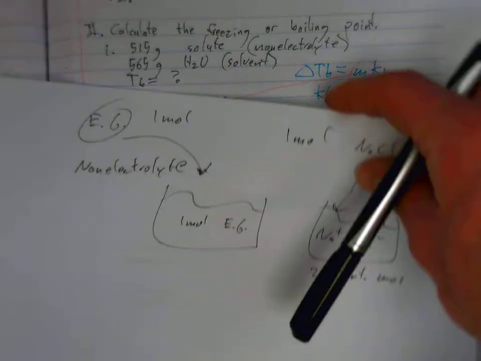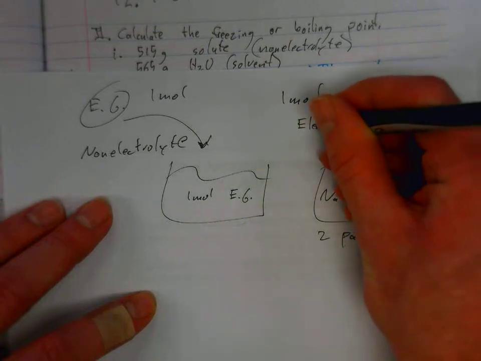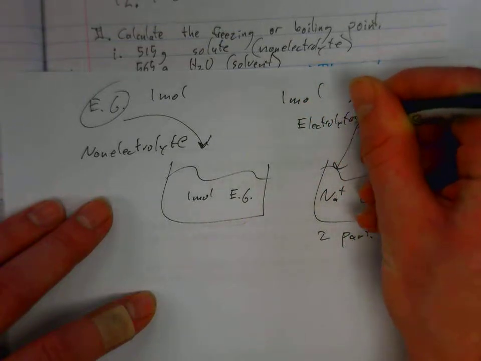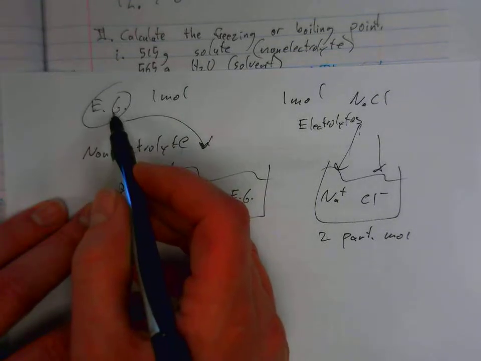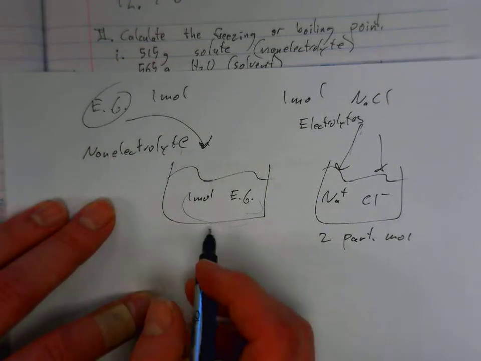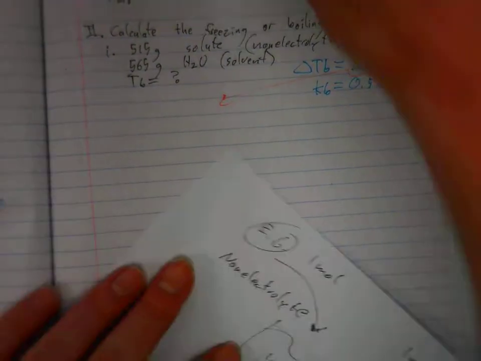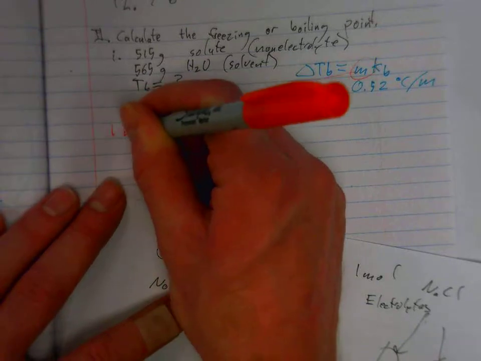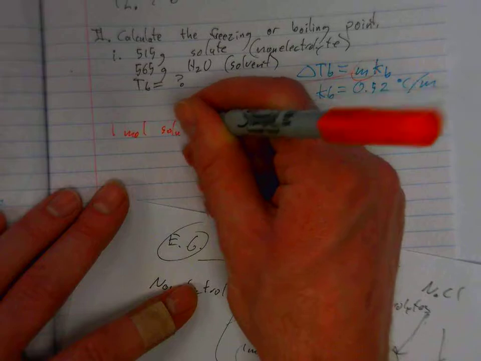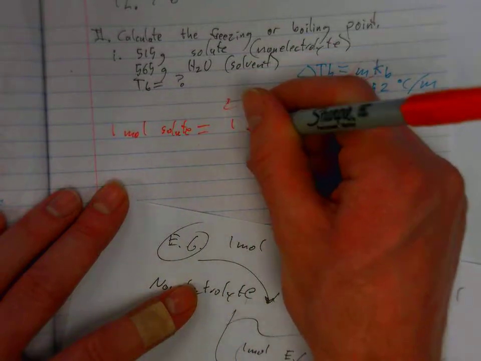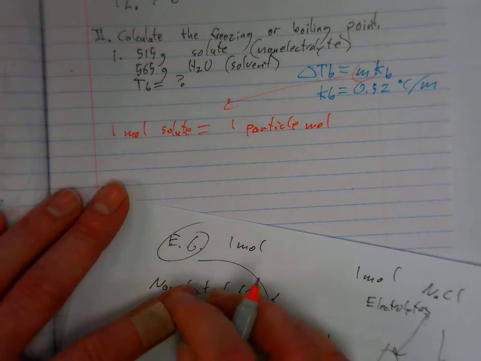So the moles before are the moles after it's added to solution. 1 mole of the solute is equal to 1 particle mole. It's a 1-to-1 here, which makes things easier. We just need to convert the grams of solute to moles.